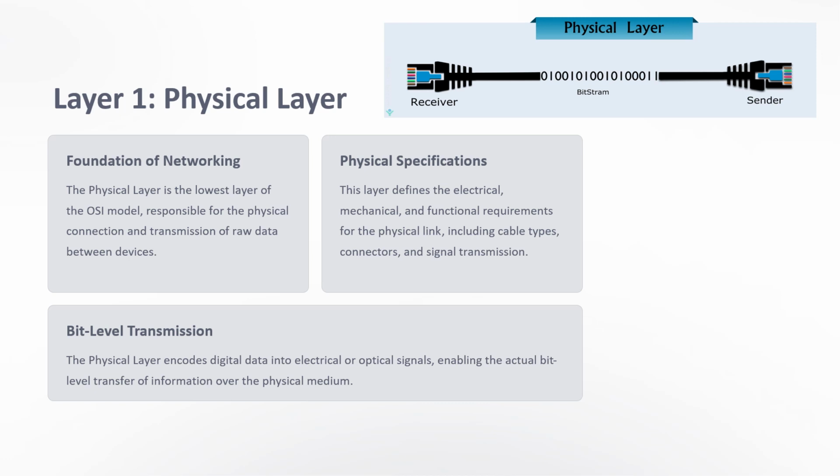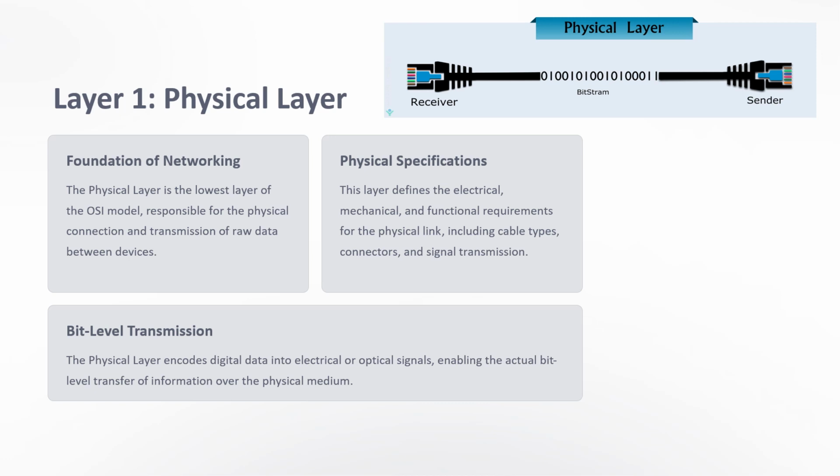The first is that it turns data into signals that can be sent over cables, fiber optics, or wireless channels. The second one is data speed. It sets the speed at which data is transmitted.